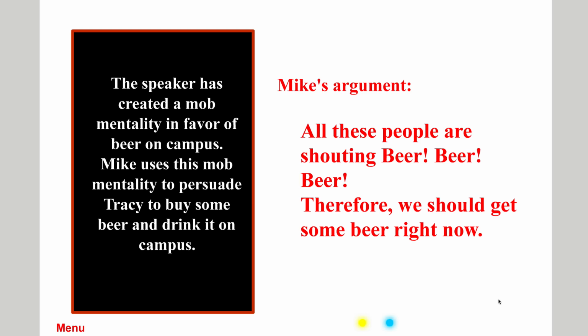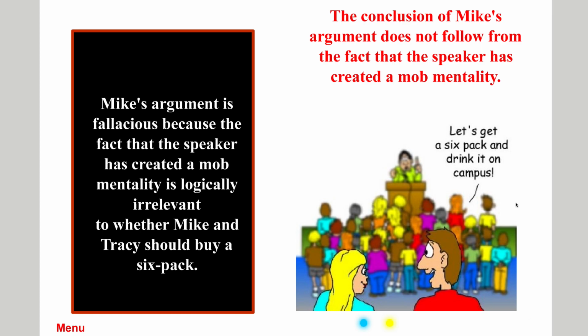In other words, all these people believe it. Why shouldn't we? But it doesn't follow from that fact. And we know this from the mob kind of arguments that were made by the fascists in 1933 to 1945. They drew crowds together and used that crowd mentality to get people to conclusions for which they did not make arguments.